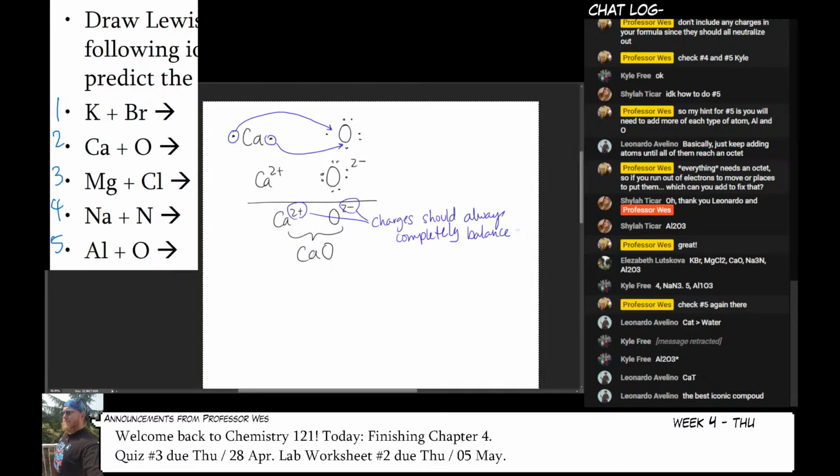So all the positives added together and all the negatives should add together to the same number. So that's a check to make sure that you did this correctly. So check. Oops, I don't know what happened there. That's supposed to be a colon, but it didn't work. So double check that when you write all your ions out that you've created by following the octet rule, that your charges balance out, because they always will if you've done it correctly.